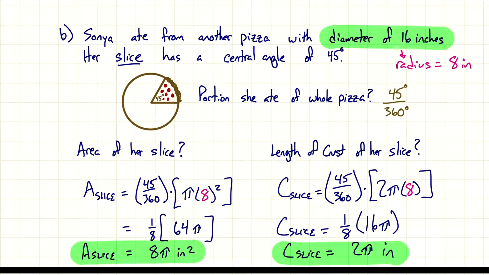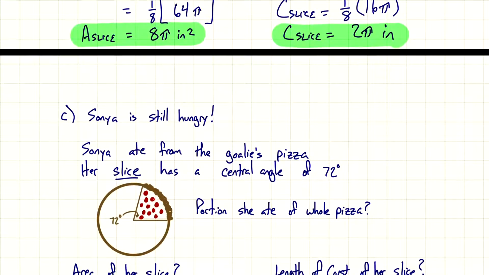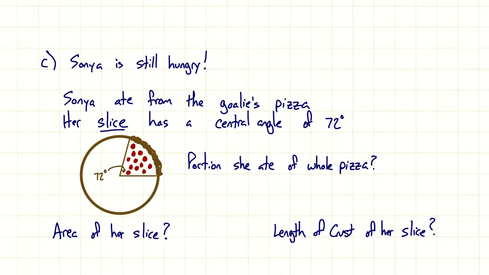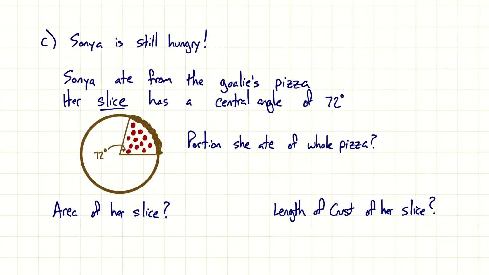Okay, so as the evening moves on, Sonia is still hungry, and Sonia decides to eat from the goalie's pizza. All right, so again, this is not the pizza that Sonia just ate from.